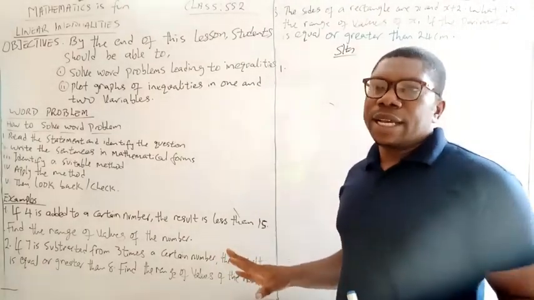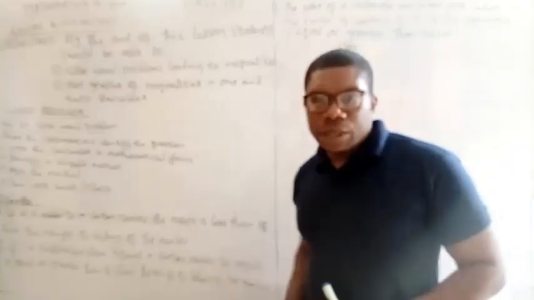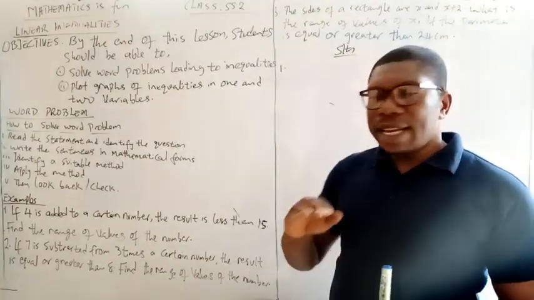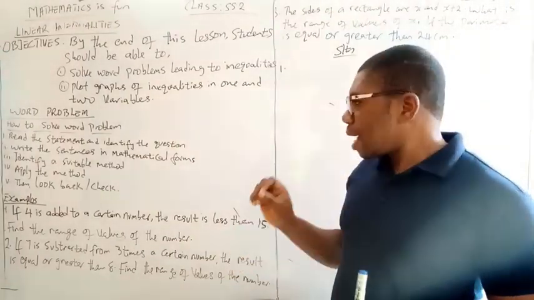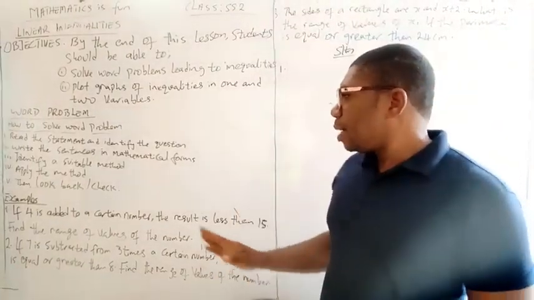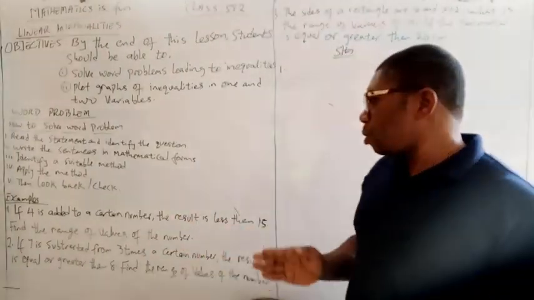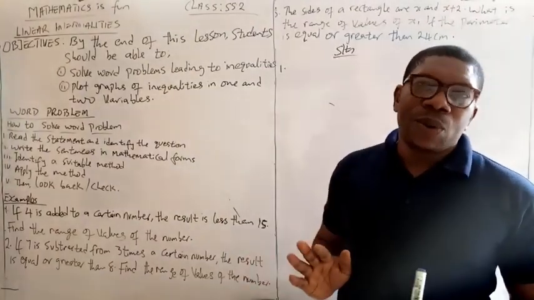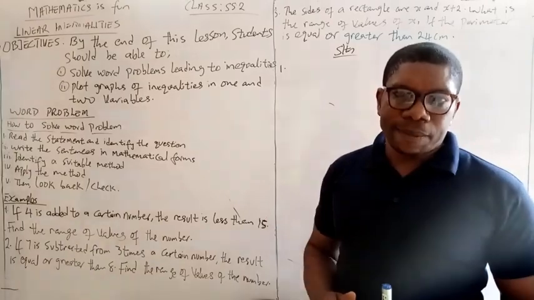Now, I have gone through that question, and the last sentence there is giving me the problem. It states that I should find the range of values of the number. So I know what the problem is.